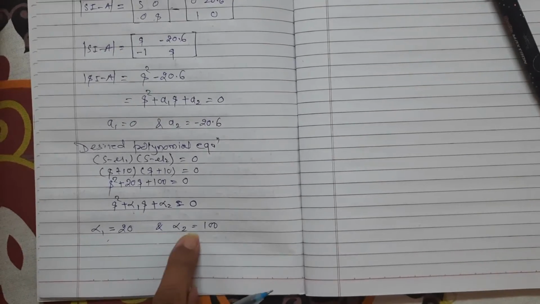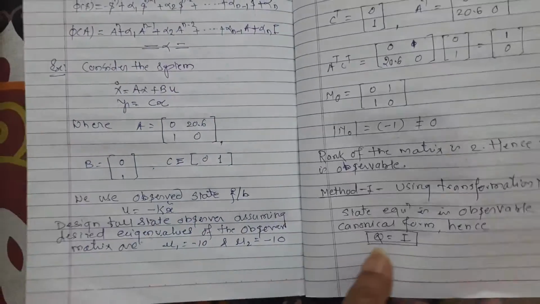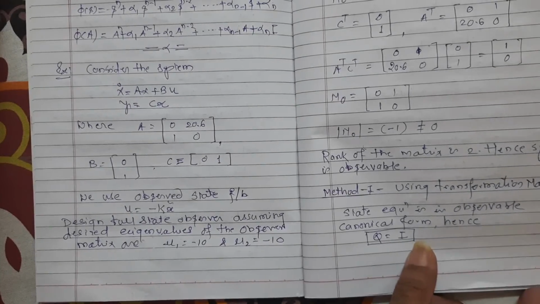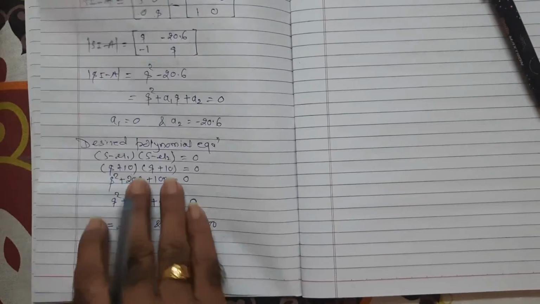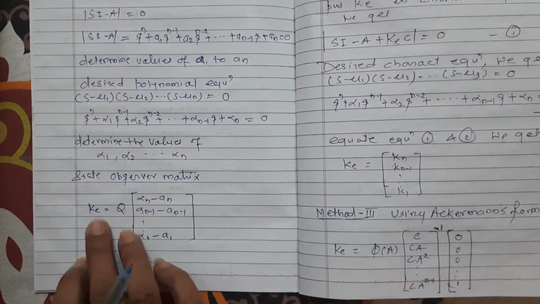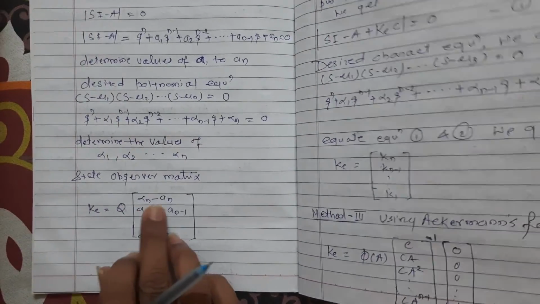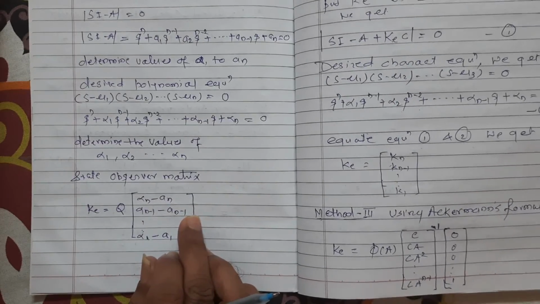Now we know alpha1, alpha2, a1, a2, and we know Q. Q is equal to I, the identity matrix. So now we can write down the equation: Ke equals Q multiplied by alpha n minus an, alpha n minus 1 minus an minus 1.